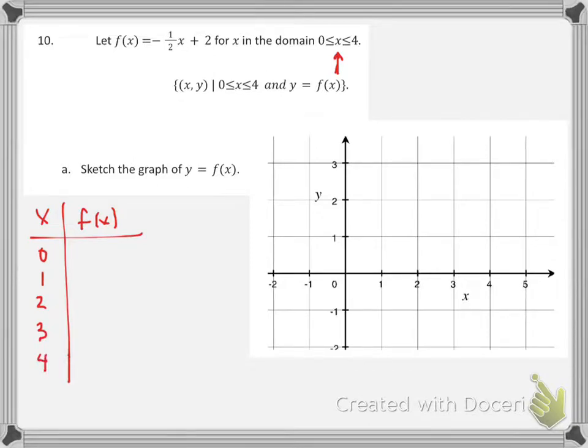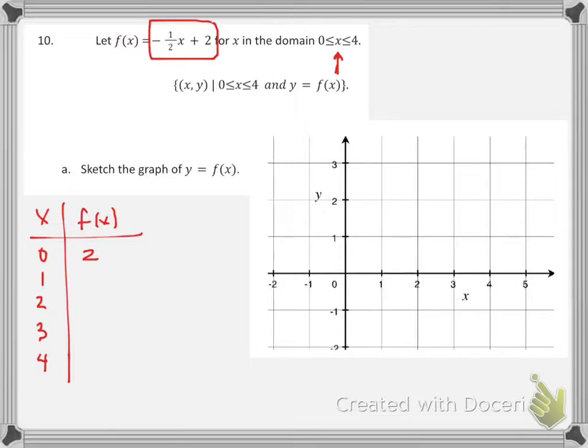And then f of x is going to be whatever happens when we plug in an x into that function. So we've got some calculating to do. A negative 1/2 times 0 is 0, and 0 plus 2 is 2, so there's my first function of x. When x is 0, the function of x is 2.